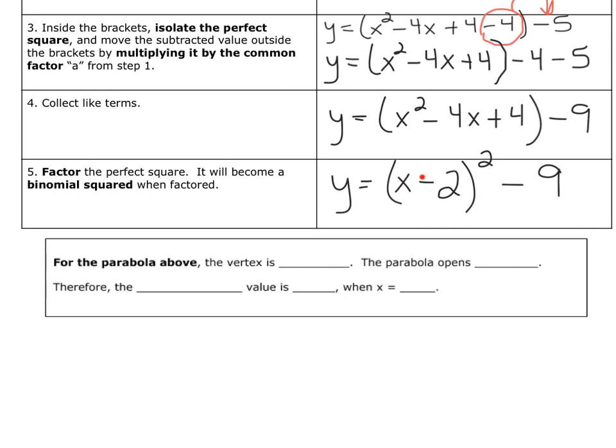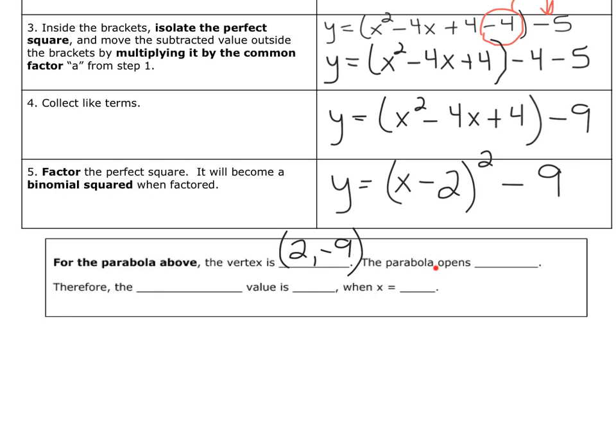So in the actual equation, it looks like -2 for our h value, but we're actually going to report it as a +2. Your k value is the value on the outside of the equation. That stays exactly as it is. So it shows up in the equation as a -9, and that's the number we are going to report. So our vertex for this parabola is located at the point (2, -9).